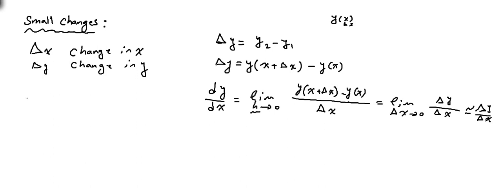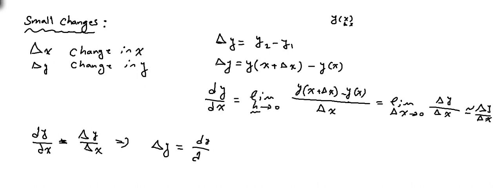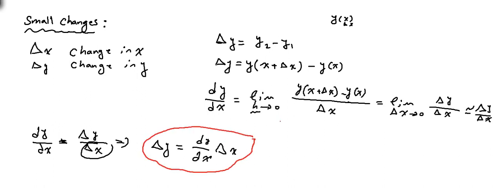In other words, if dy over dx is the change in y as the change of x, and it is approximately delta y over delta x, then by cross multiplying, delta y is equal to dy over dx multiplied by delta x, by multiplying delta x on both sides. So this formula relates delta y, delta x and dy over dx. This is the formula we are going to use.